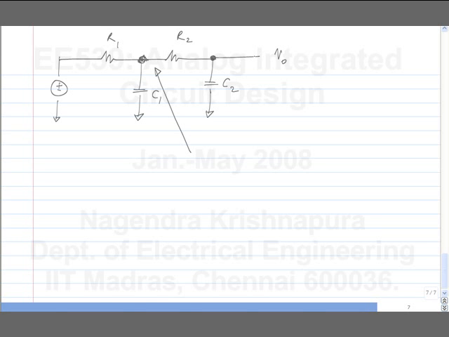Okay. So anyway, let me go step by step. What is this current? V naught times SC2. What is the voltage drop here? It is V naught times SC2 times R2. Okay. So what is the voltage here at this point? V naught times (1 plus SC2 R2). Okay. What is the current here? That whole thing times SC1.